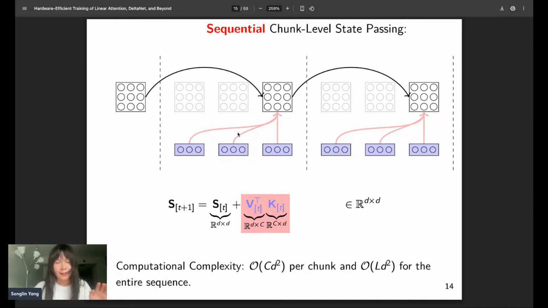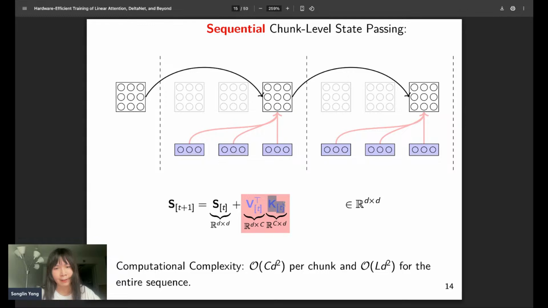And for this recurrent state update, we need to do the cumulative sum of the outer product between the key and the value vector for this very chunk. And there's a very elegant mathematical property: the cumulative sum of this outer product can be written as matrix multiplication.